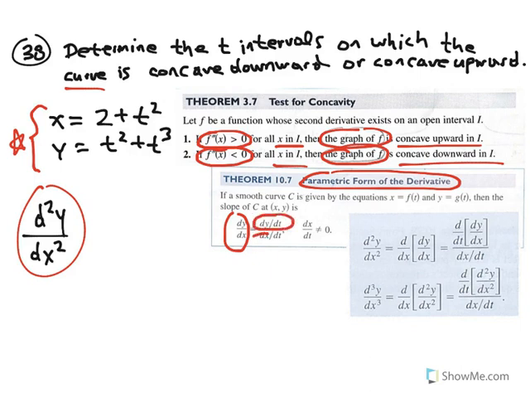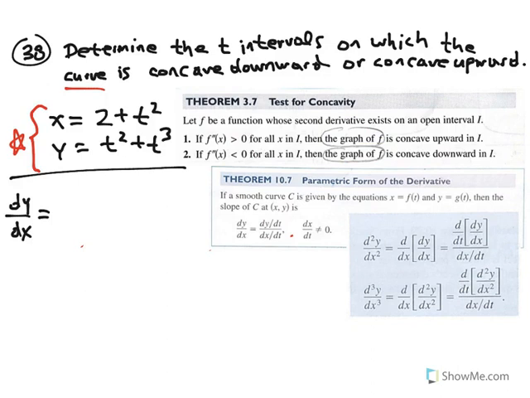We need to find dy/dt and divide by dx/dt. Once we have dy/dx, to find the second derivative, we would take the derivative with respect to t of dy/dx and divide that by dx/dt.